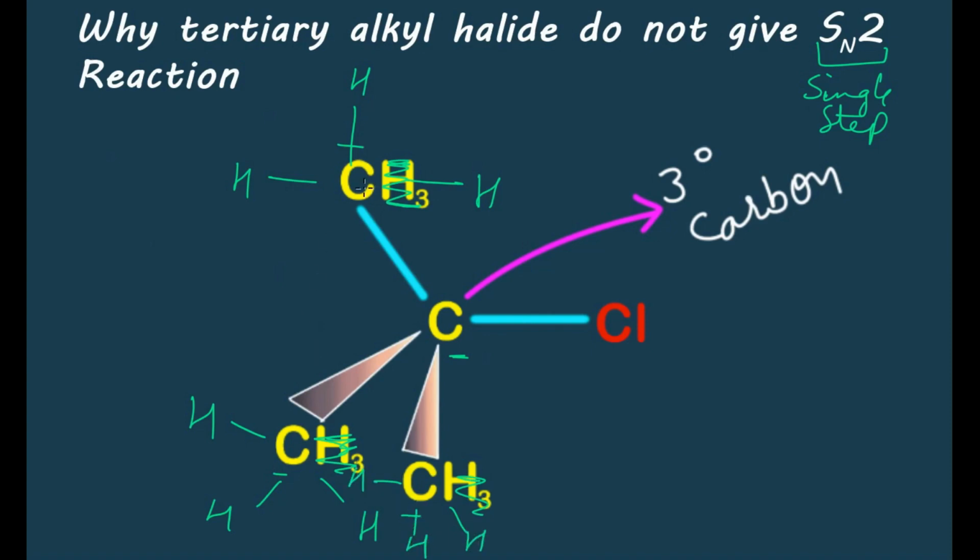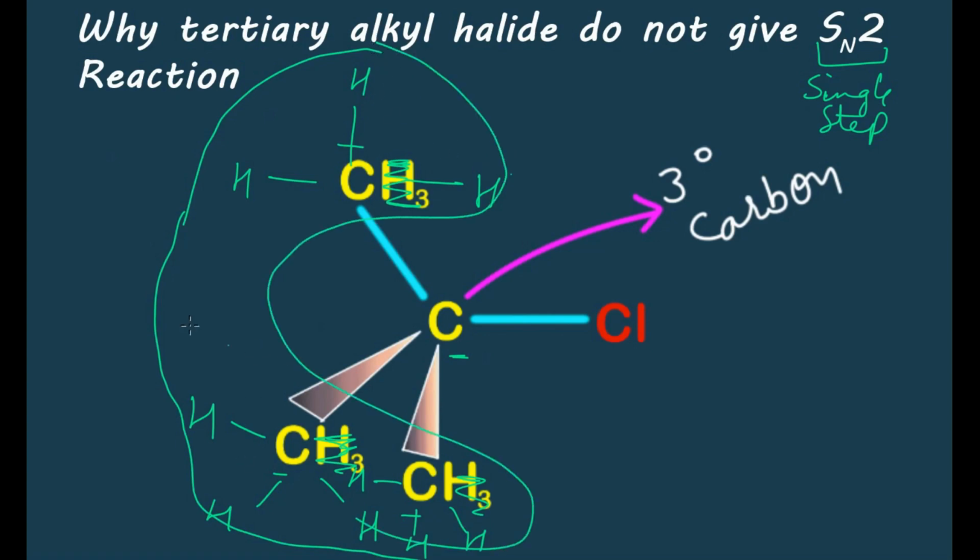Now this covers all the space around the tertiary carbon. This space is covered by the hydrogens present on the carbons, due to which the nucleophile which is supposed to attack the carbon is not getting enough space to enter and reach the carbon to donate electrons, right?